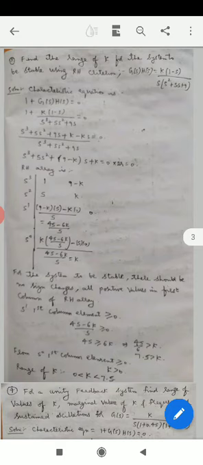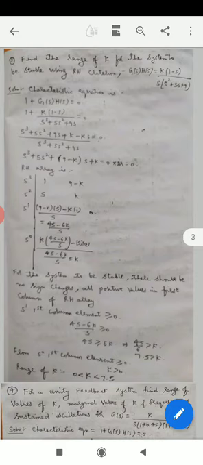Similarly, for the S power 0 row, you take the previous two rows, S power 1 and S power 2. So K into the secondary diagonal element, K into (45 minus 6K) divided by 5, minus the primary diagonal element product 5 into 0, divided by the previous row's first element, which is (45 minus 6K) divided by 5.